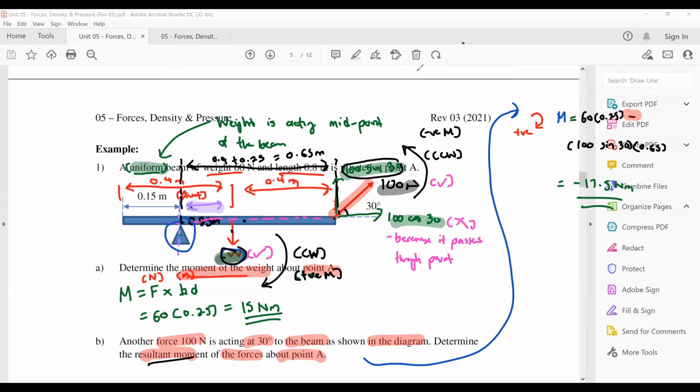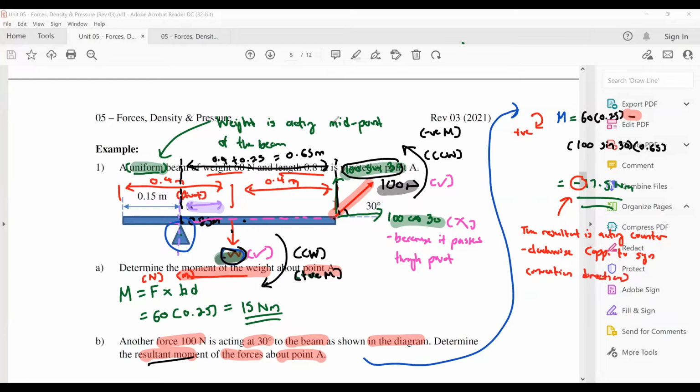So what is the significance of this negative? It's saying that the resultant is acting counterclockwise, opposite to the sign convention direction.